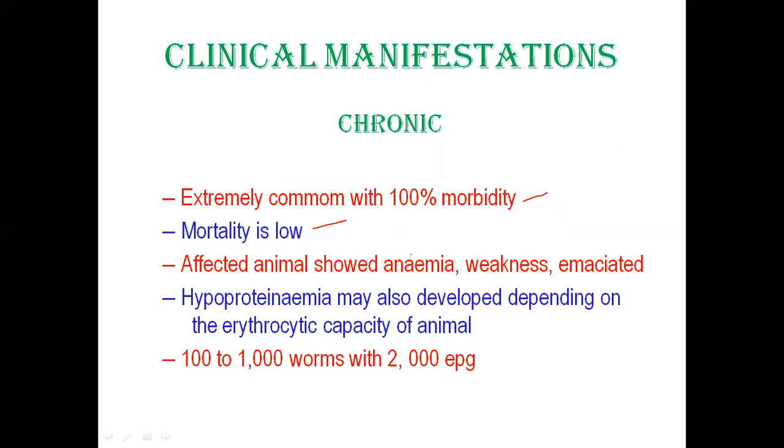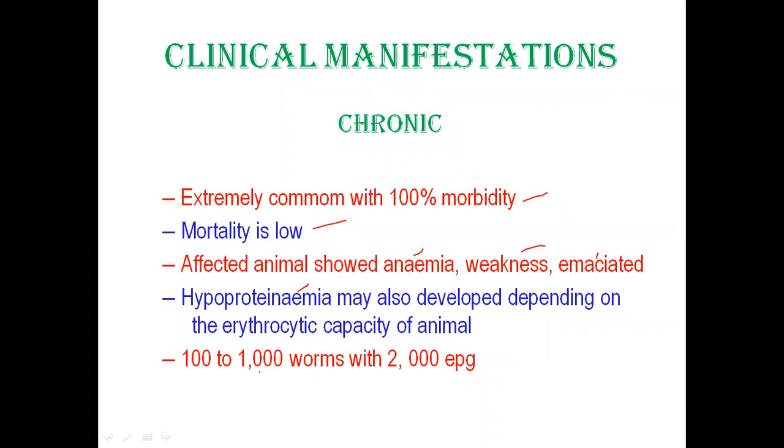So the animal shows anemic conditions, weakness, and emaciation, and sometimes hypoproteinemic conditions will develop. But the most important manifestation will be the anemic conditions, weakness and emaciation.